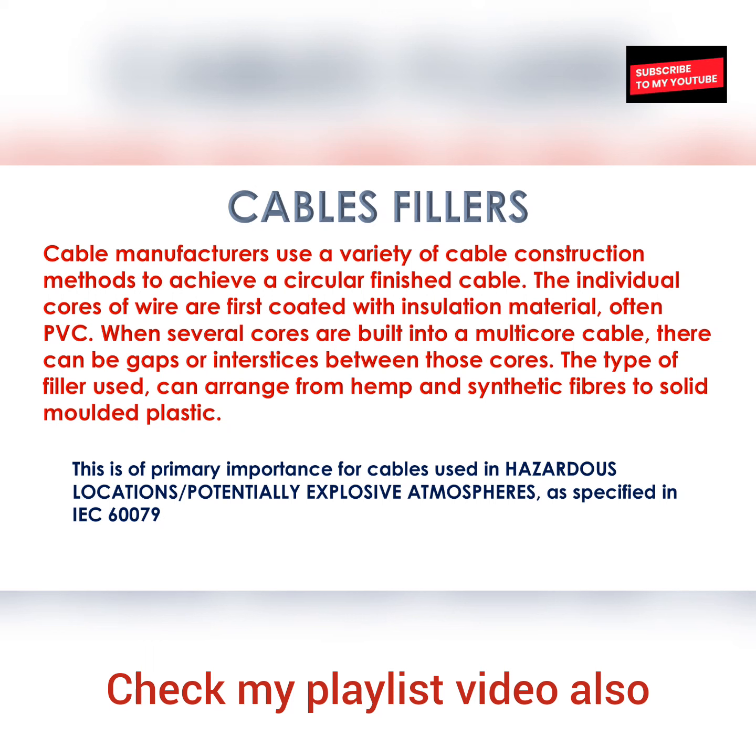This is of primary importance for cables used in hazardous locations, potentially explosive atmospheres, as specified in IEC 679. This is area classification, hazardous. That's why we're talking here mostly about the oil and gas industry. We have to be specific during our design stage about what kind of cables we are utilizing.